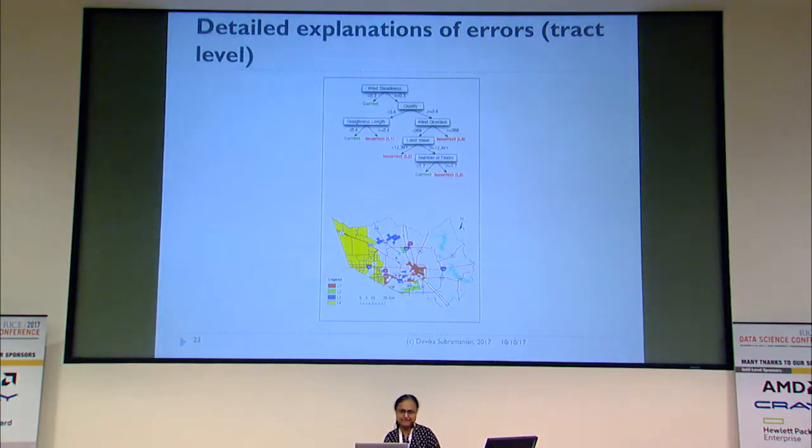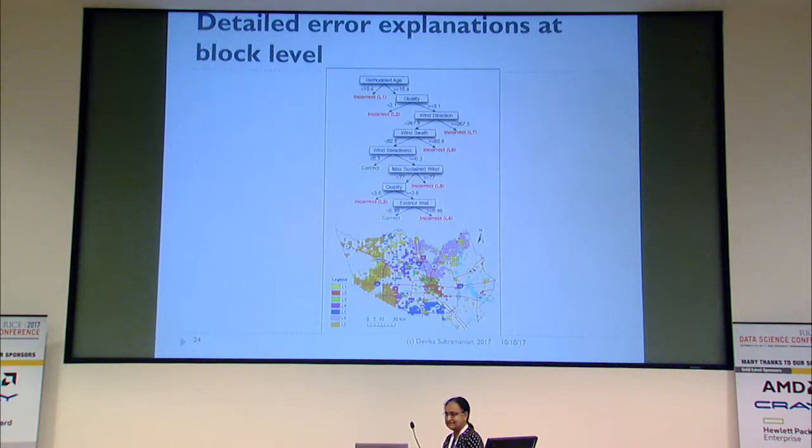The other aspect is detailed explanations of why these models were wrong. So all of these were mispredicted by the model because of ignoring the quality of the structure. So now we can go in and, with the models that we built, begin to understand both at a census tract level and even at the kilometer square block level, the different types of mistakes that were made throughout.